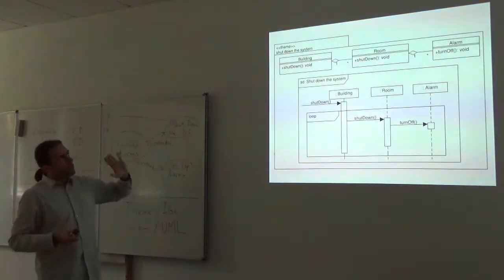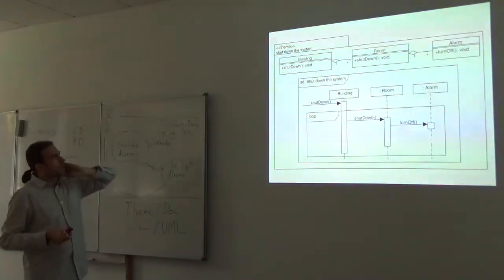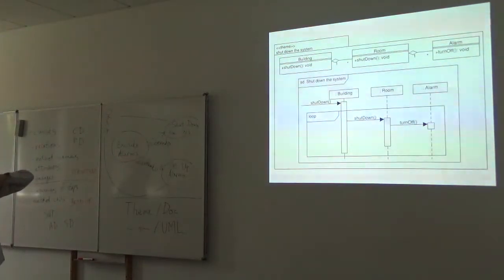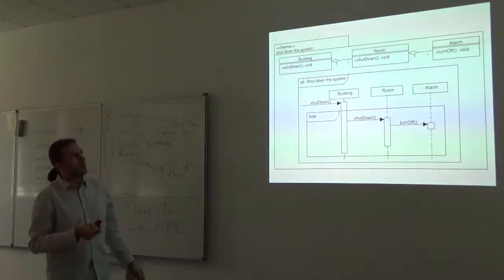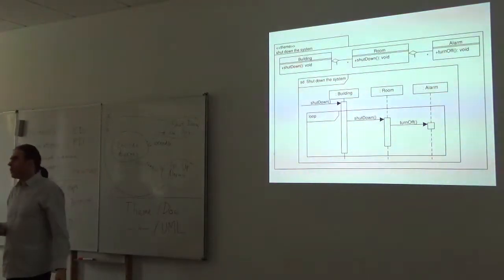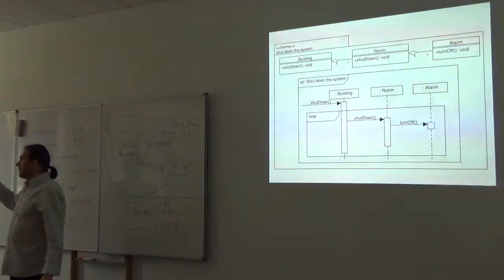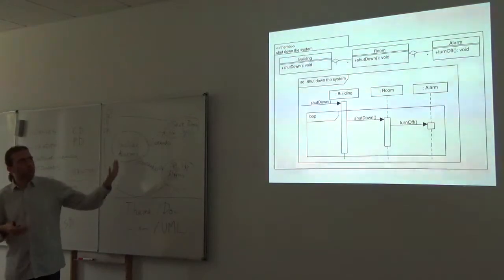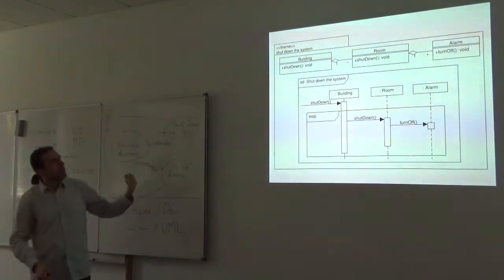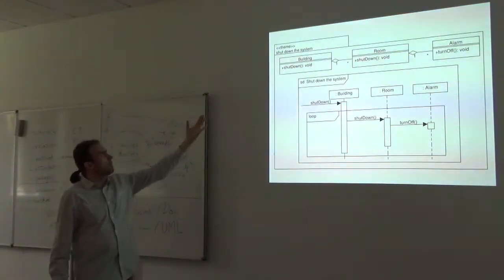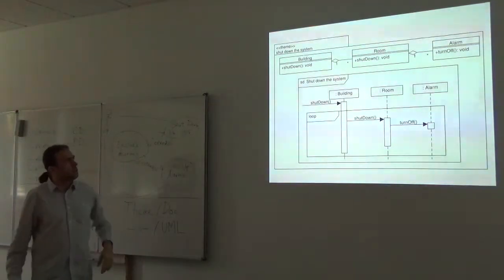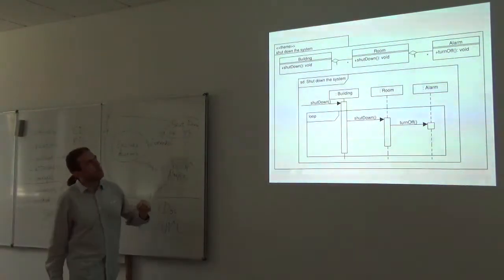The structure might be much more complicated, but for the sake of simplicity, in this example that we are studying now, we are dealing only with buildings that contain rooms, and those rooms can contain alarms. Also, windows are actually a part of those rooms, so there is nothing particular connected just to a building. Although there might be some alarms connected to a building, but this diagram does not show that. We might have that as well.